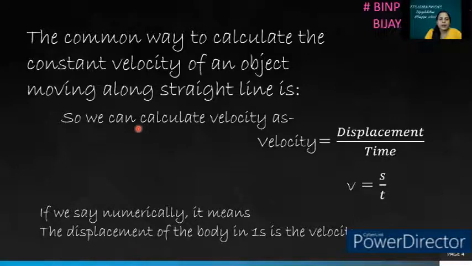We can measure the speed of a car traveling in a particular direction, or the speed of a rocket launched in space. All can be measured by velocity. Numerically, we can say that the displacement of the body in 1 second is velocity.